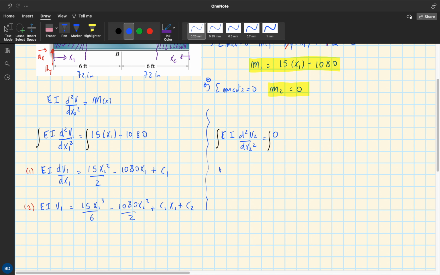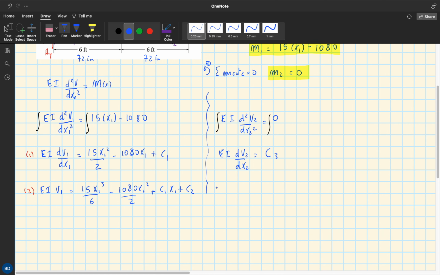If you take an integral here, we have EI dv2 over dx2 (actually, we don't have the square) equal to a constant, c3. And if you do an integral again, we have EI v2 equal to c3 x2 plus c4. So we have two more equations: the third equation and the fourth.